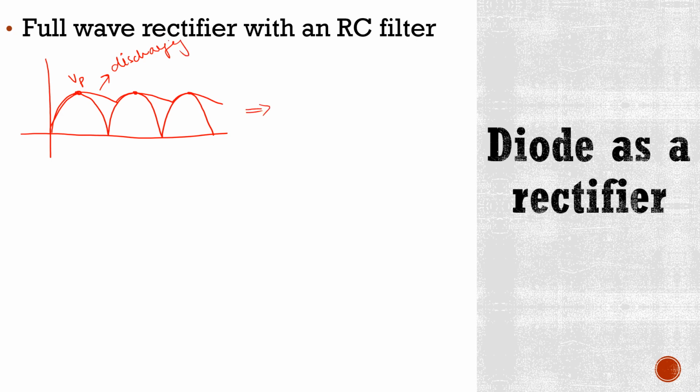Now if I draw only this waveform which shows full wave rectifier with an RC filter, it is like this. Now this full wave rectifier is easier to filter because of the shorter time between peaks, as you can see here.